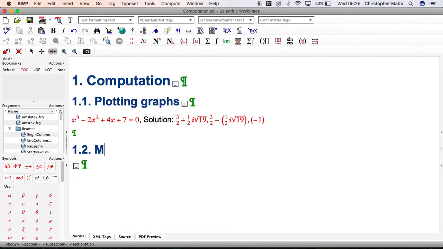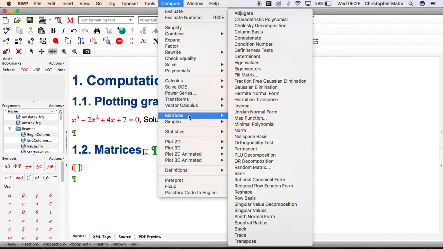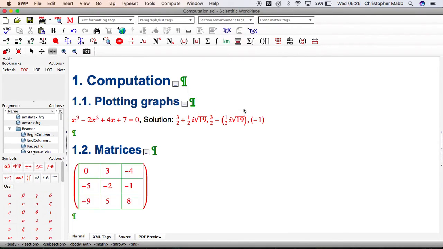Let's look at matrices. I'll bring in some brackets ready, and then from the compute menu, choose from matrices, choose random matrix. Notice all the functionality available just on the matrix menu alone. Random matrix 3 by 3 and unrestricted.